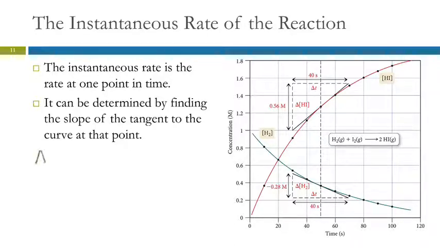So, delta H, I'm so used to that delta enthalpy thing. Change in hydrogen ion concentration is minus 0.28. You get that from this difference here. Delta T for this tangent line here is 40 seconds.